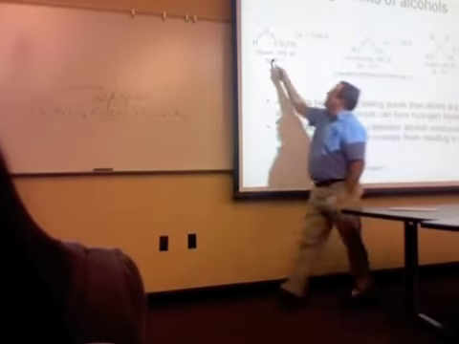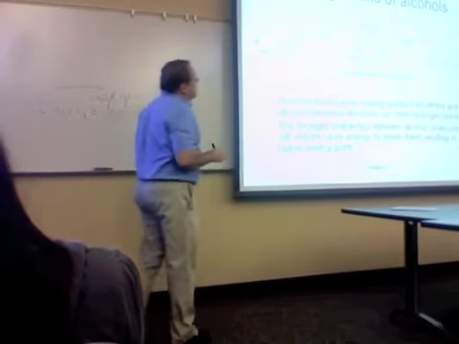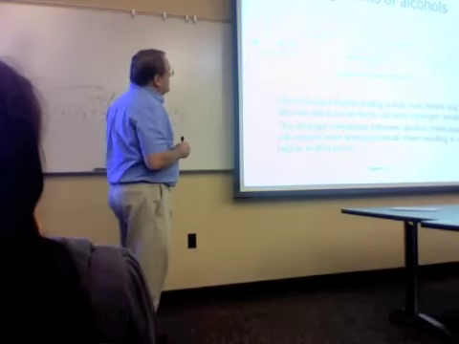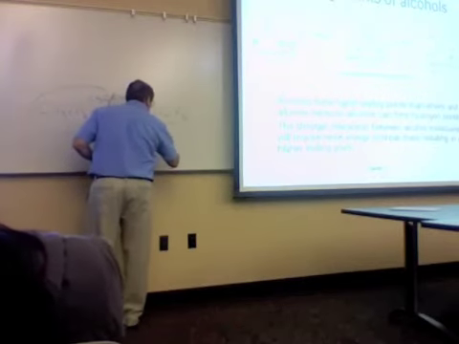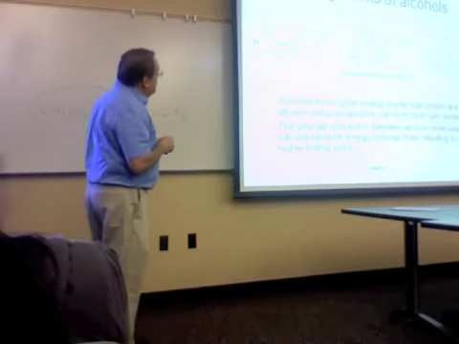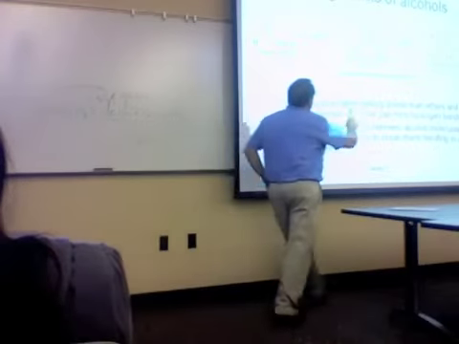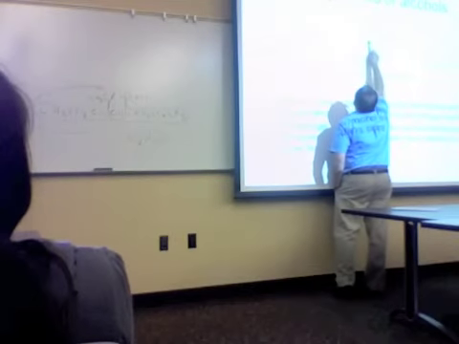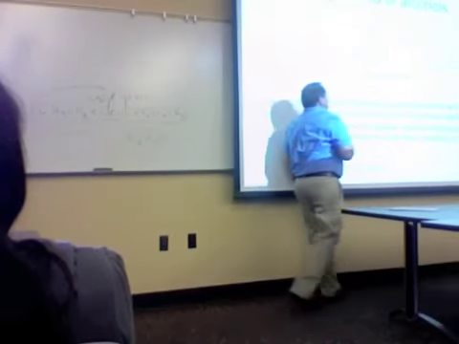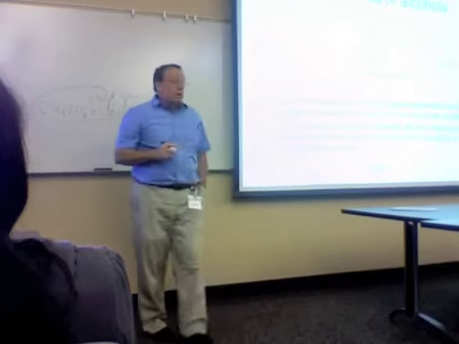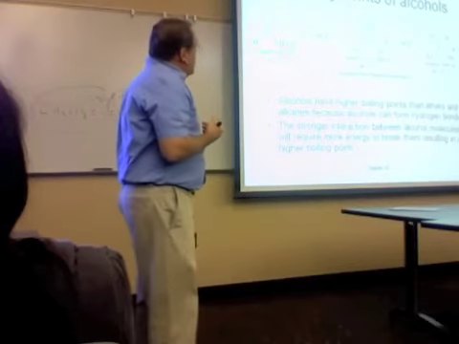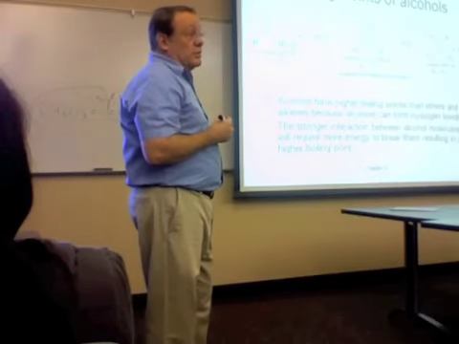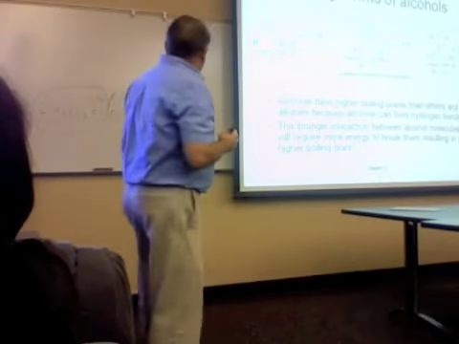Some boiling points here. Ethanol, a compound that has 2 carbons, is C2H6O, and has a boiling point of 78. This is dimethyl ether. Notice that the oxygen here does not have a hydrogen that can participate in hydrogen bonding with other ether molecules. Look at the boiling point, 100 degrees lower.